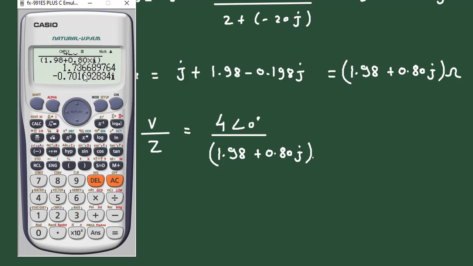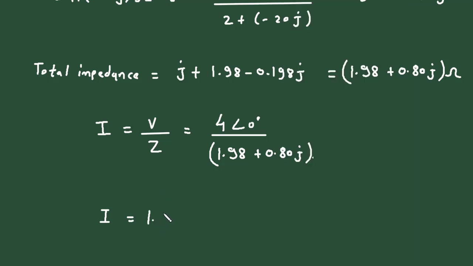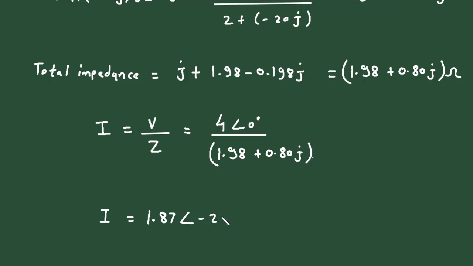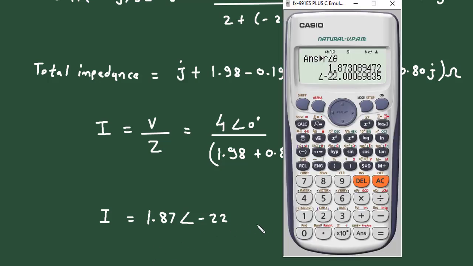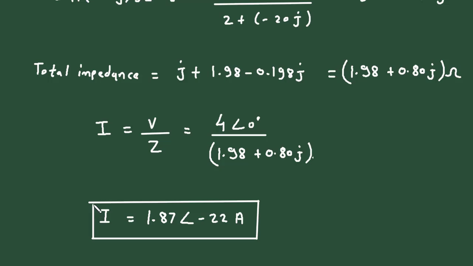So it is in rectangular form. So shift 2, 3. It is equal to 1.87 at an angle minus 22, and since it is current, its unit will be ampere. This is the value of current I, or we can write Io.